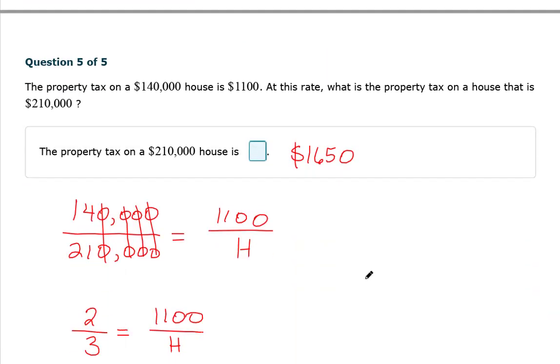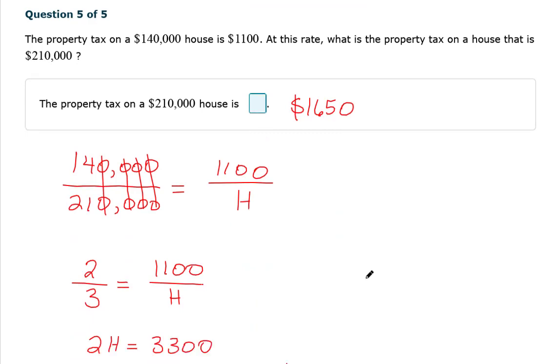And in our last problem, we have a ratio involving property tax. So on a $140,000 house, the tax is $1,100. So what's the rate on a $210,000 house? Well, this is a ratio. We're assuming that for this problem. So let's see. I just put the amounts here.